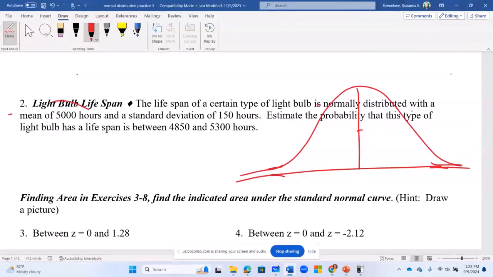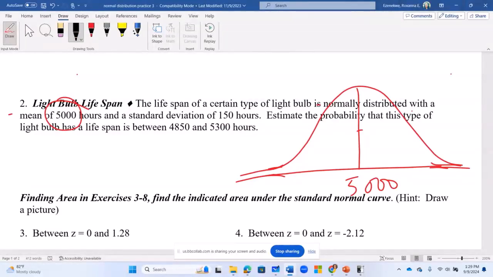I'm given that the mean is 5,000 hours, and one standard deviation is 150. This is easy. Let me ask you, because if I keep doing it, I'm not helping you.